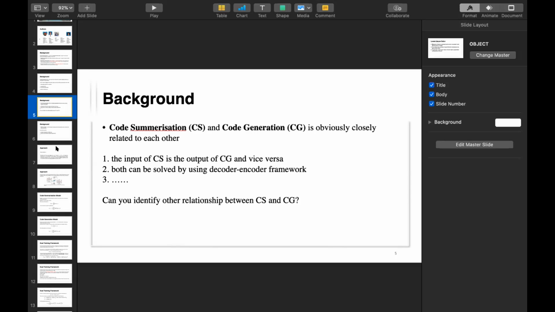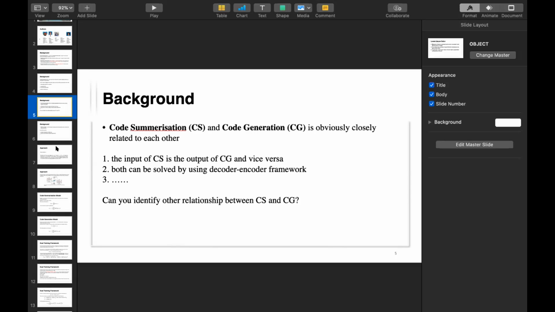So you mean that both the code summarization and code generation tasks will encode the semantics of the input? Yeah, I think the model is aimed to learn the semantics. Yeah, that's true. So there is no standard answer here. You can name any relationships that make sense.